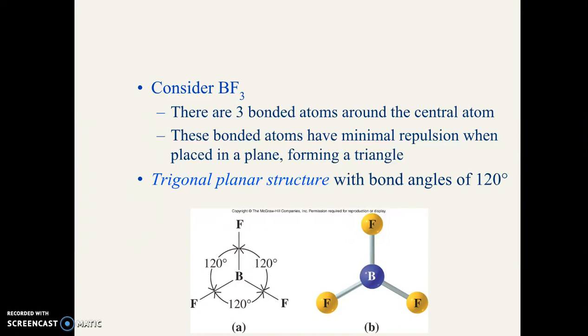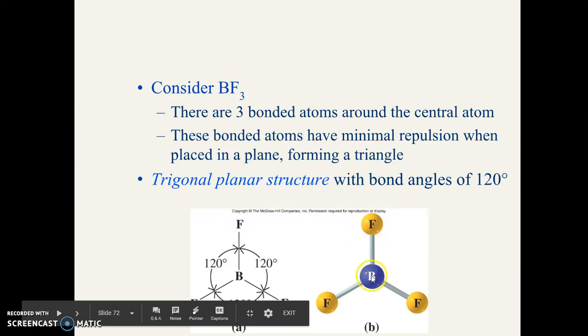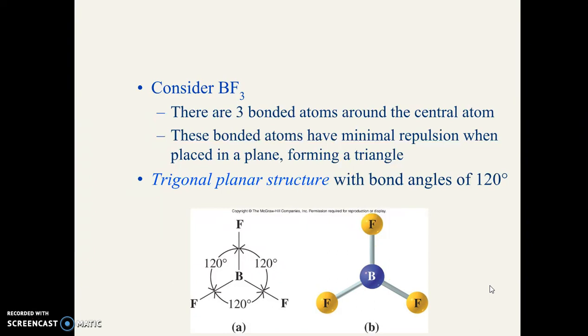So instead of how we were drawing it yesterday, where you have 1 going up and then 2 coming out the sides, they're going to bend a little bit to try to get as much distance as they can between each other. And this creates what's called a trigonal planar structure, with a bond angle of 120 degrees. So if you have a central atom with 3 things bonded to it, this is the structure that it's going to form.